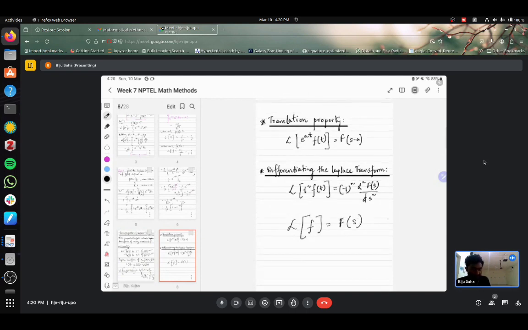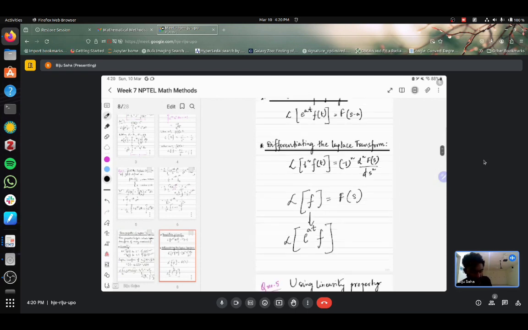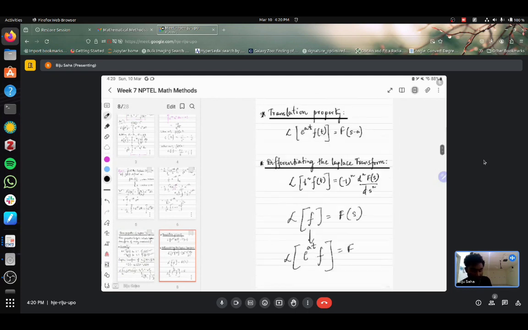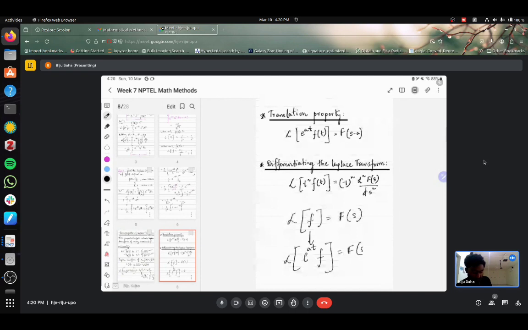Suppose you multiply e to the power at into the function, so now you modify your function into this form. When you do that, the Laplace transform of this resultant function is the same as the Laplace transform of the original function, just that the argument is displaced by the constant a.